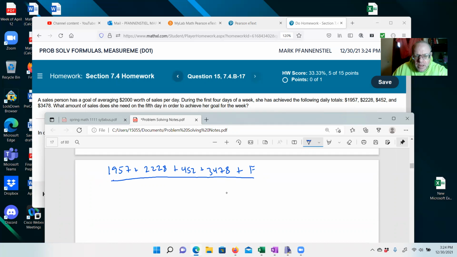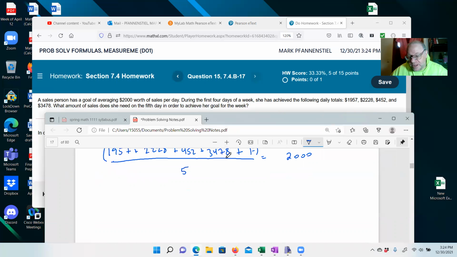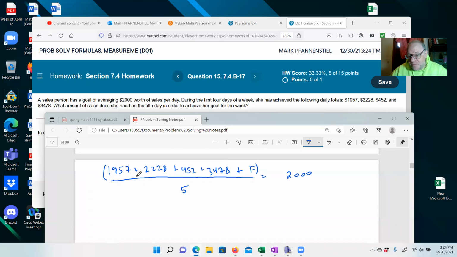And then divided by 5, and is equal to 2,000. Remember, there is an implicit parentheses on the top of a fraction. So we're going to add these up and just leave them as one. We can do the parentheses stuff first to simplify it, but to solve it, we're going to do the division part last.